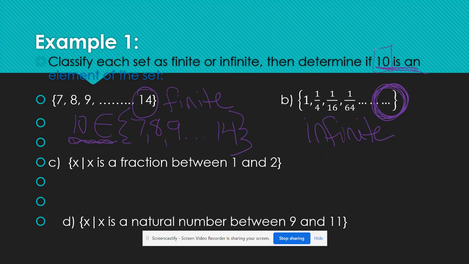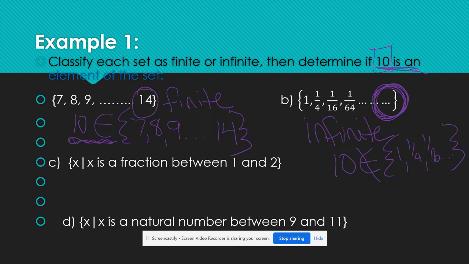So is the whole number 10 going to be ever in this set? No, it would not. And so to write that, we write it the same way as we did when it is, but we put a line through it, just like when we're doing no or empty set or something like that. It's got a line through it saying, nope, 10 is not going to be an element of that set.